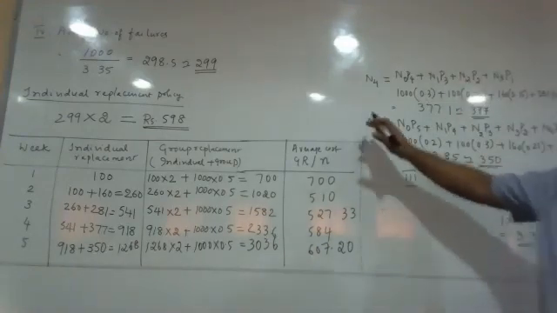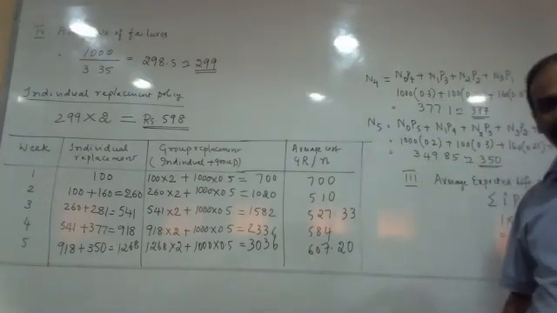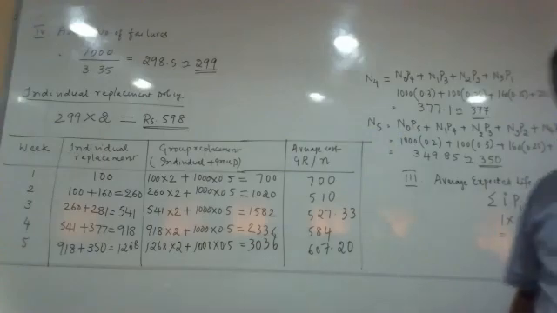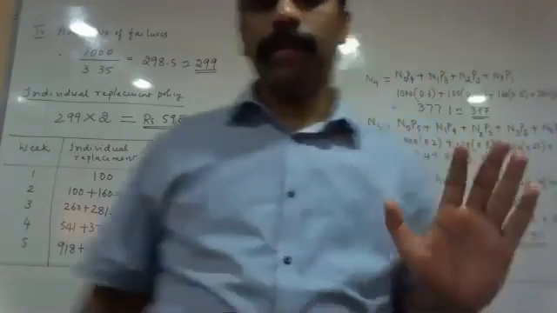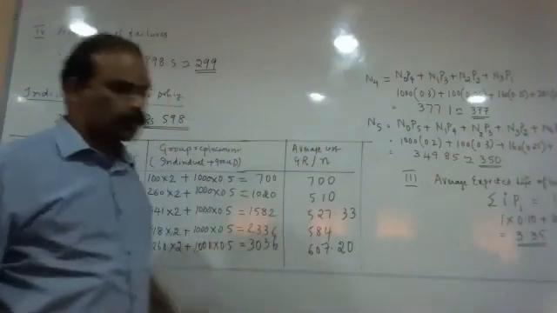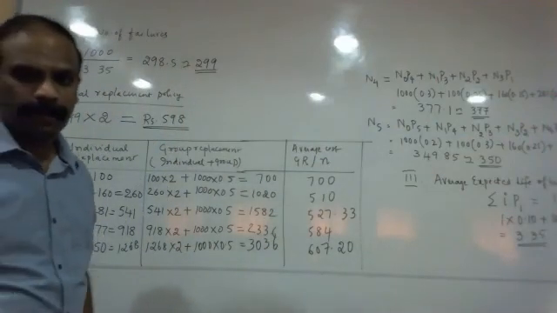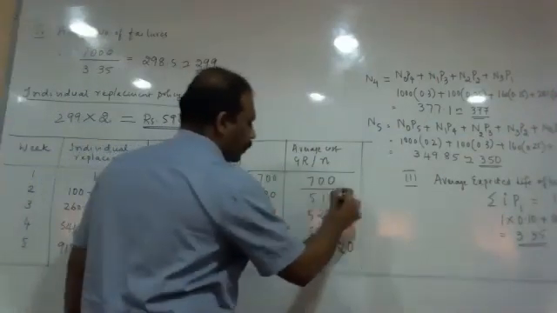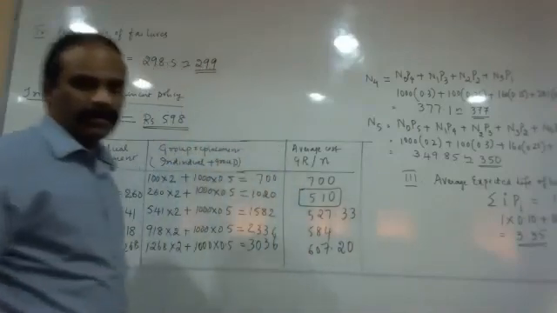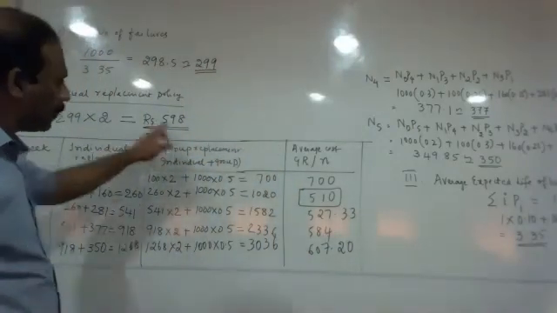Now if you look at the average cost, the same principle applies: you should always select where the average cost is minimum or lowest. So the minimum average cost is 510. Now you need to compare both.